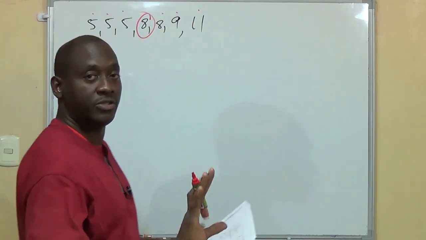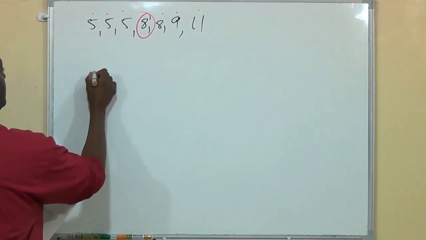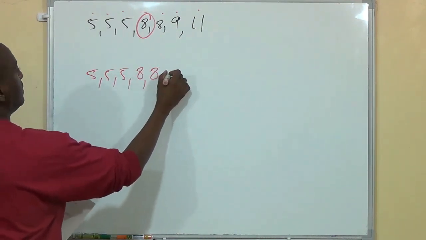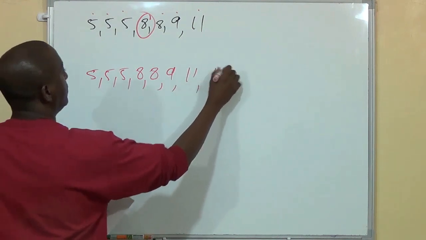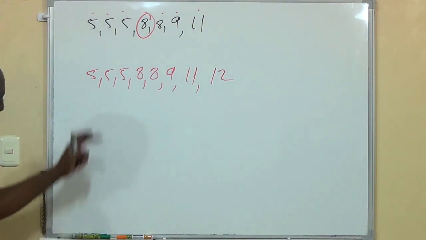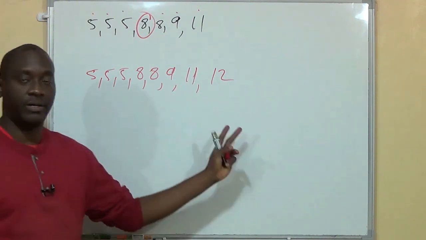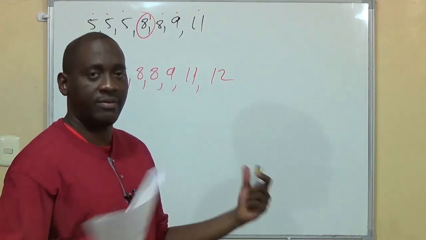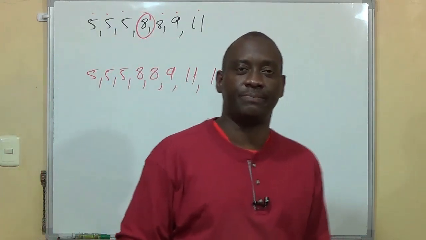But let me just stretch the question a little bit, right? If it was 5, 5, 5, let me say 8, 8, 9, 11, and 12, right? Just for the sake of argument. In a case like this, you will have an even number of digits, an even number of scores, an even number of data points, whatever vocabulary you want to use to describe it.